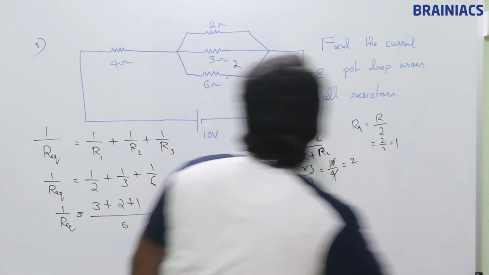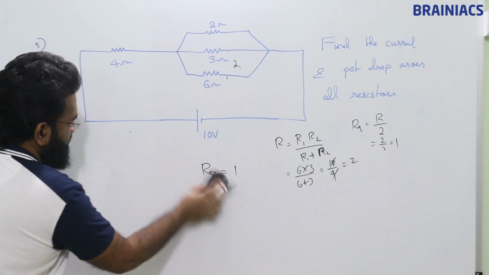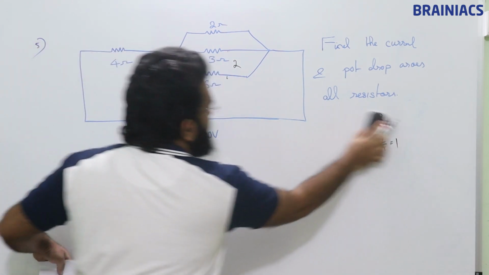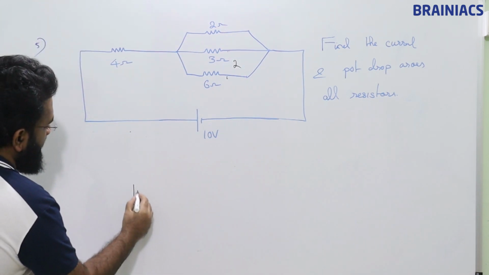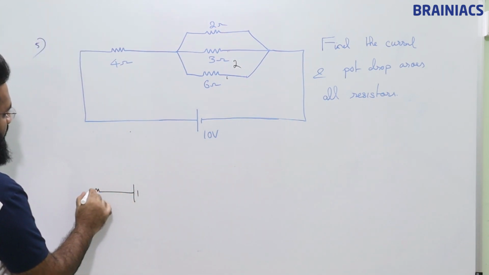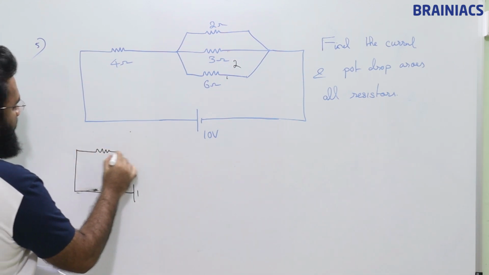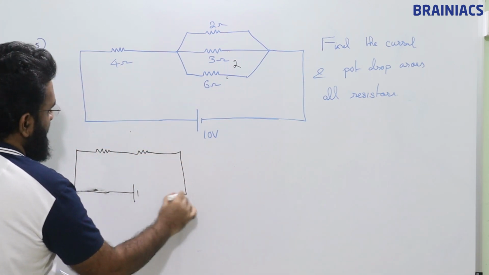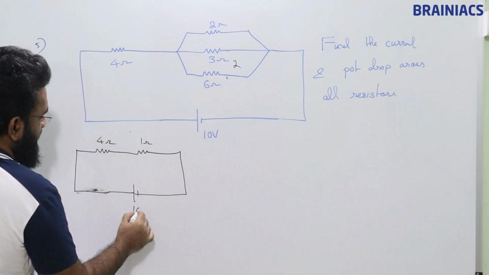Note it down. Once we get the equivalent resistance, then we can proceed. Sorry, this is 4 ohm, this is 1 ohm, and this is 10 volt.